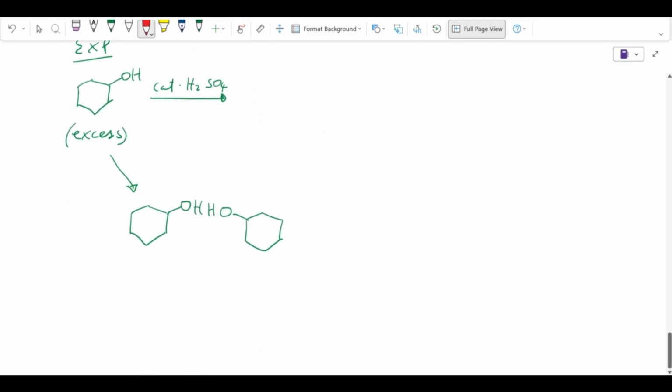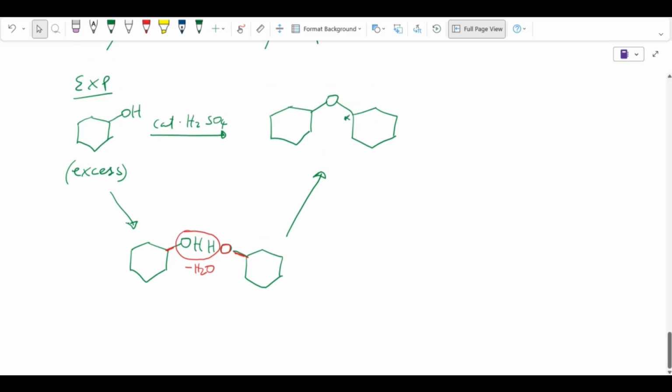Dehydration means we are removing water, so we're going to remove H2O. Whatever is left is what will be the product. So we have oxygen, and that oxygen will be connected to this carbon and this carbon. So the product will be this carbon connected to the oxygen, and this oxygen connected to this carbon, and then you have this product.